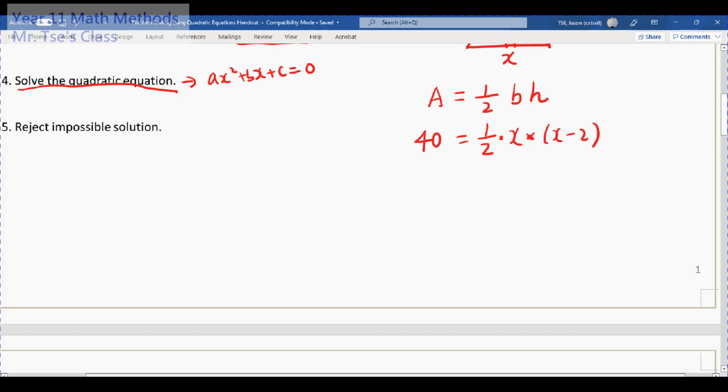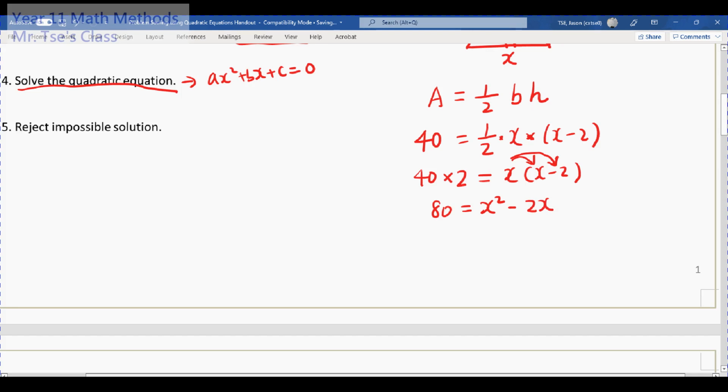So first of all, 40 times 2, that would be 80, right? How about the right hand side? I would try to get an expanded quadratic equation form first, so I'm going to multiply that x into the bracket, so that becomes x squared minus 2x. Is that good enough?